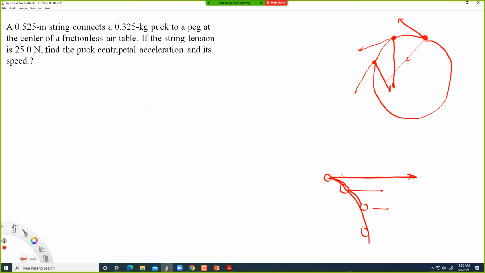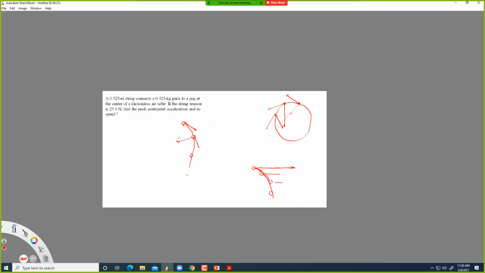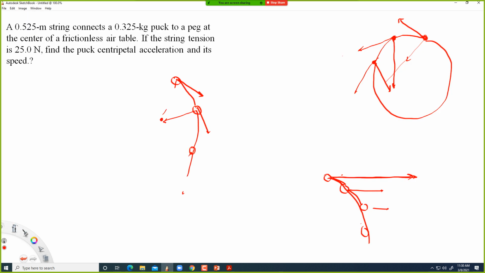But in the case of centripetal force, the object tends to move this way, so the force pulls it, and it changes the path. Okay, it tends to move that way, it's pulled that way, so it changes the path. It tends to move that way, so because of this inward force, it moves in a circular track like that.